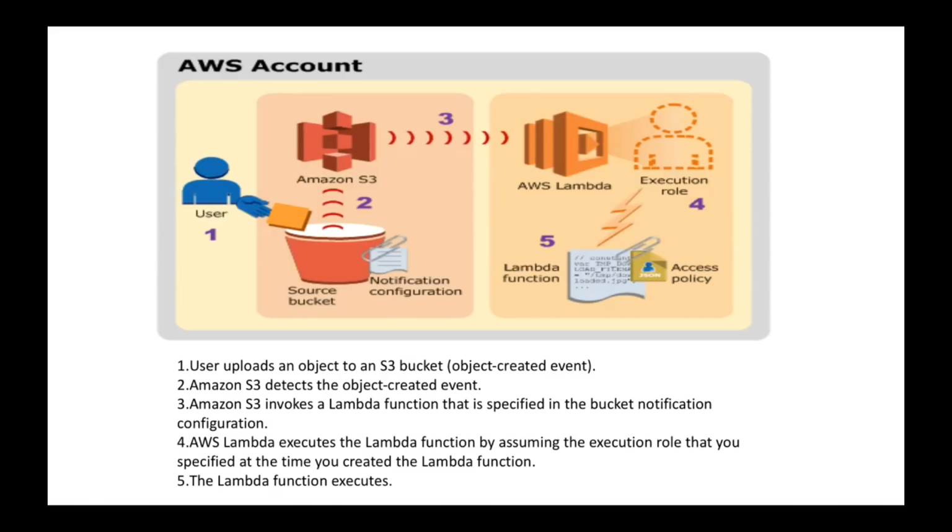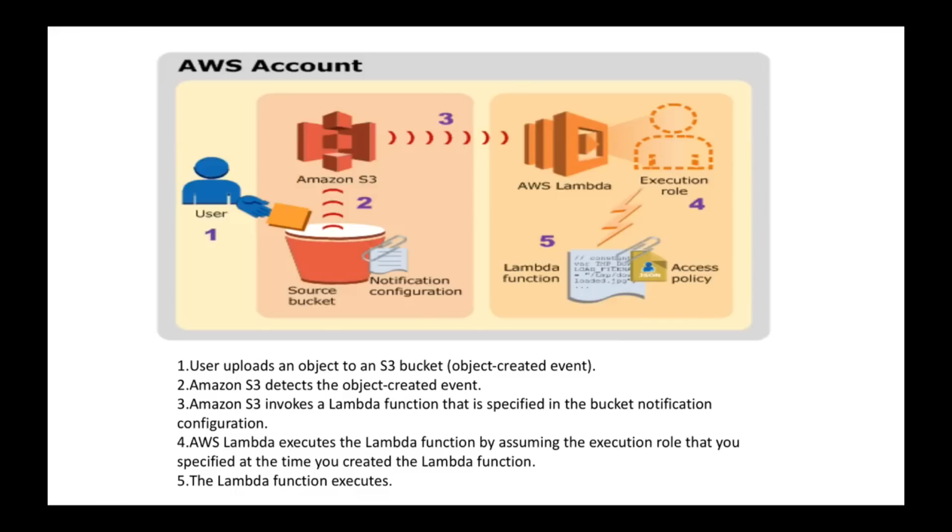Okay, let's go to the practical example scenarios. Look at this picture. The user puts an object into the S3 bucket, and immediately the S3 service itself detects the event, because an incident happened, put object, and sends that to Lambda with the event information.